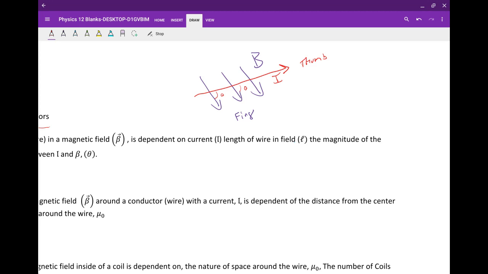Note I'm rotating. Fingers, thumb. So it's kind of like my hand is like this. And my palm is not pointed up, but is pointed down, right? So I would actually get a magnetic force along this wire that would be pointed down, but not down in that direction. What I mean is down is like into the piece of paper, okay? So that's how that would work, all right?